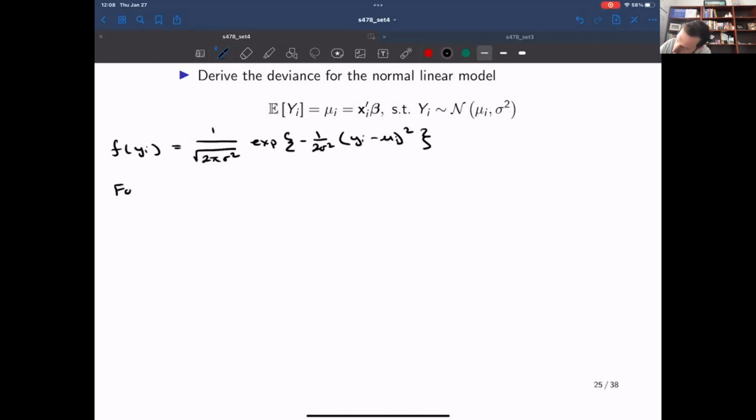Okay, so for the saturated model, mu, beta equals mu1 to mu n.